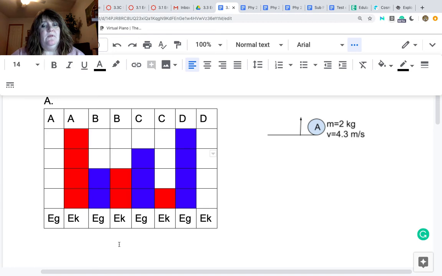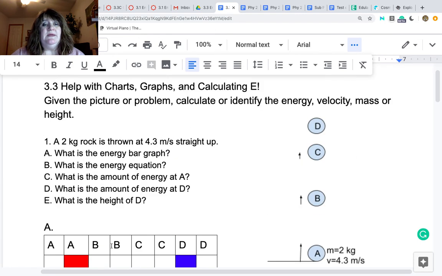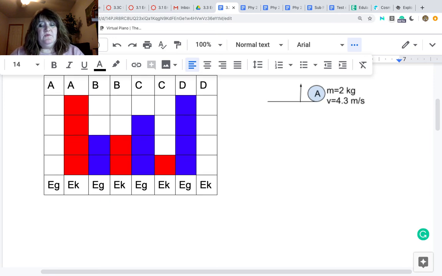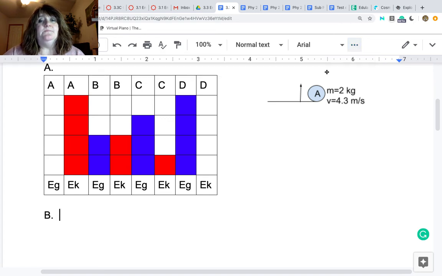Okay, so then part B says, what is the energy equation? Well, remember, the energy equation is what kind of energy you have and its location.